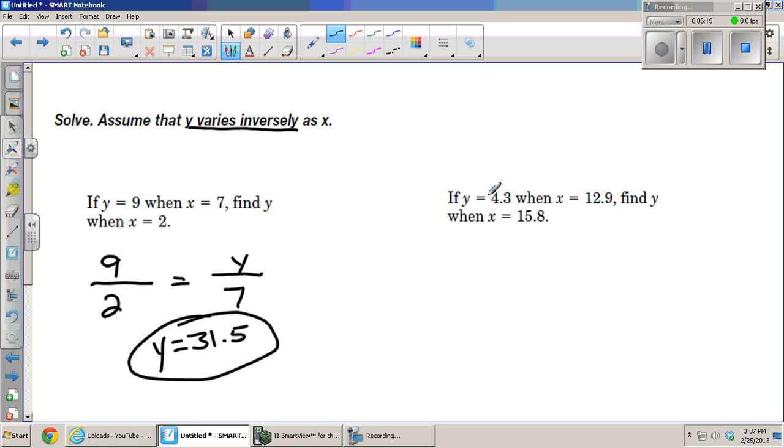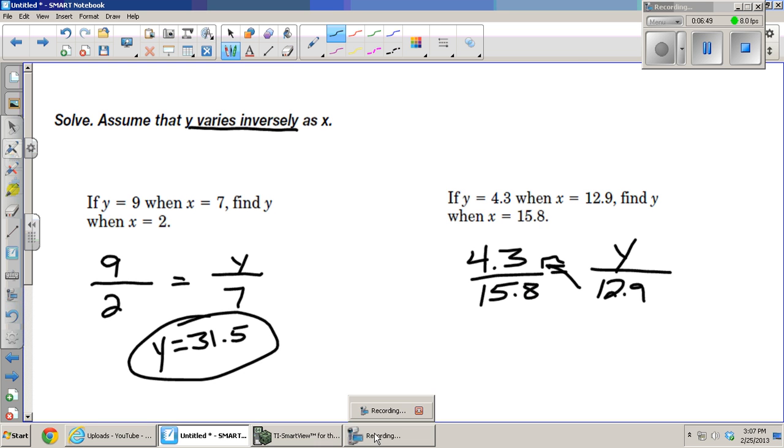Alright, let's check this one out. It says y equals 4.3, there's our first y, when x is 12.9. I know the first x goes on bottom over here. And it says find y when x is 15.8. So now the number that's with the y is 12.9, and then I divide by 15.8.